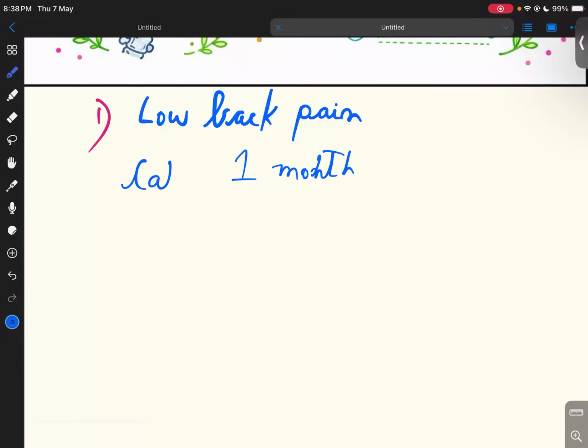And right now he's having low back pain. He's also having some fever, which comes and goes like an undulating feature. So what can be the diagnosis? Yes, doctor, brucellosis. It was a dummy case actually.